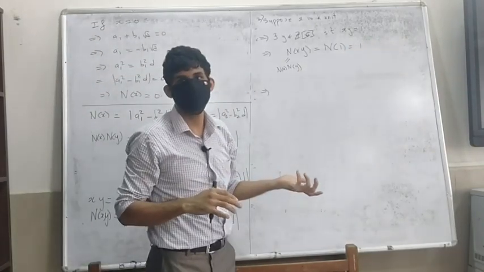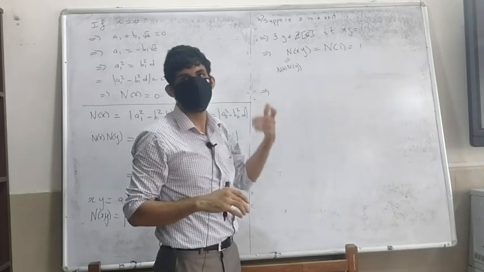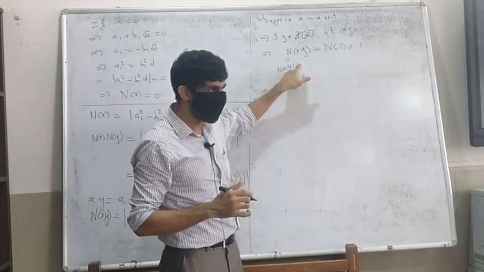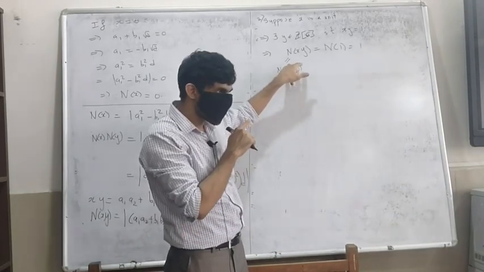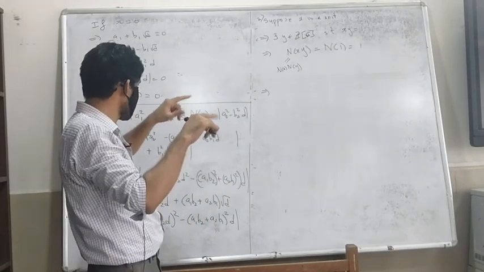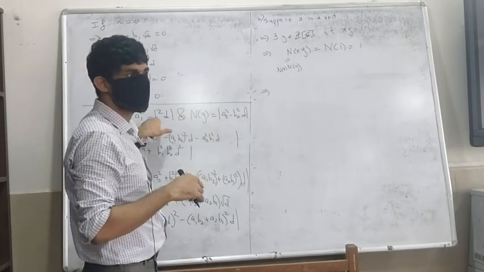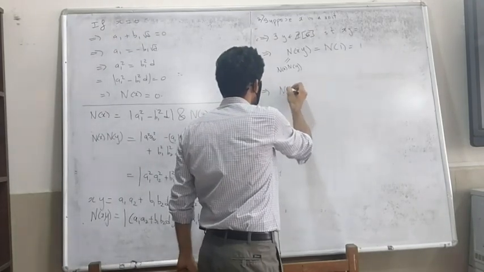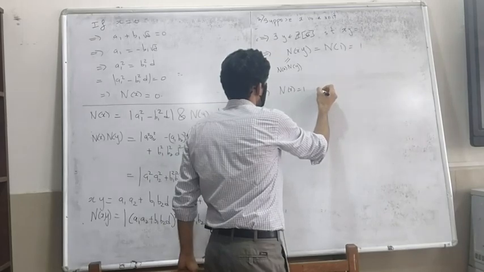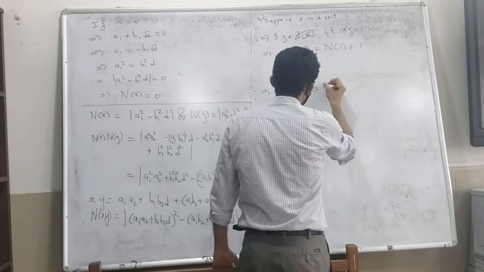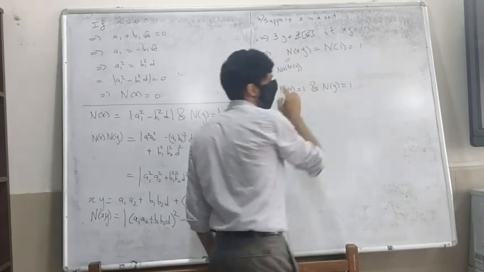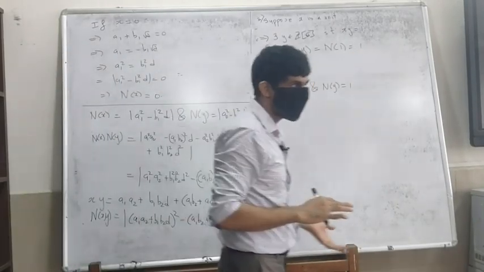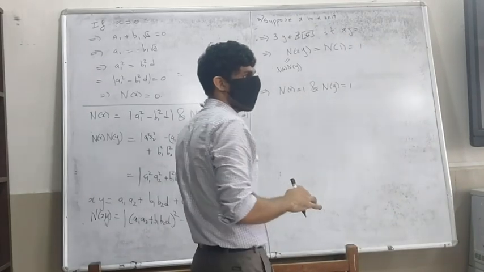So what are the possibilities? Both are greater than or equal to 0, therefore both of them have to be 1. By definition these are all integers inside here, and you are taking the modulus of that. Product of two positive integers is 1, which means that both of them are 1. So in particular n of x is 1.